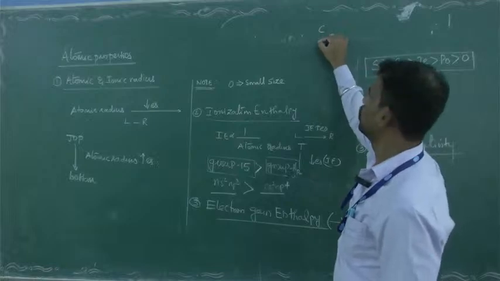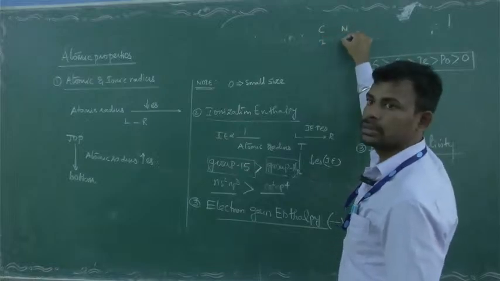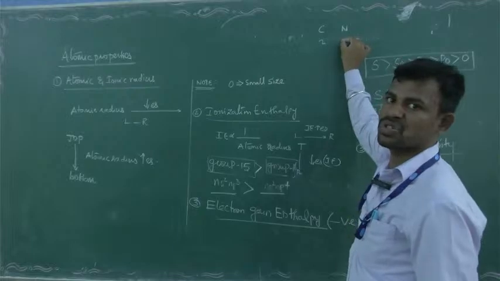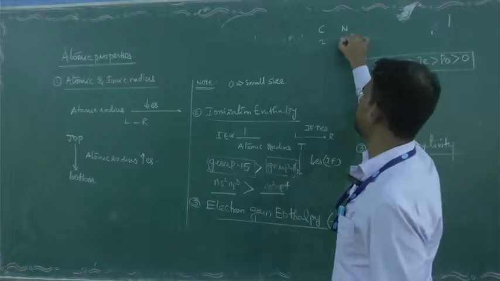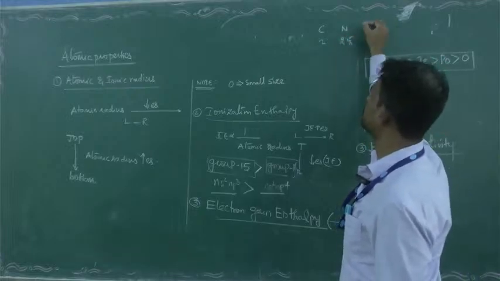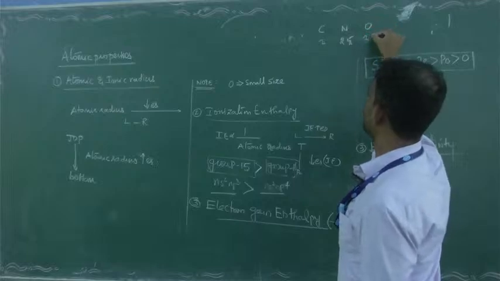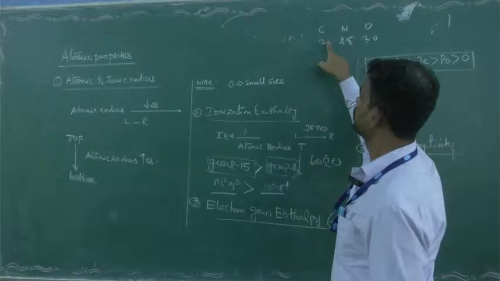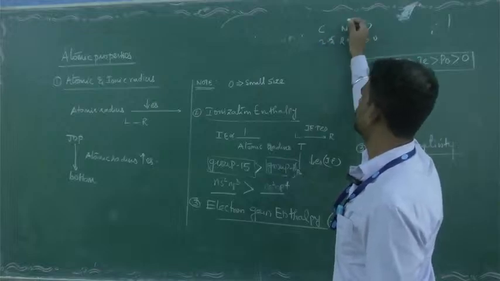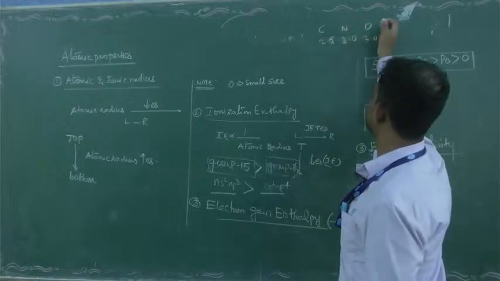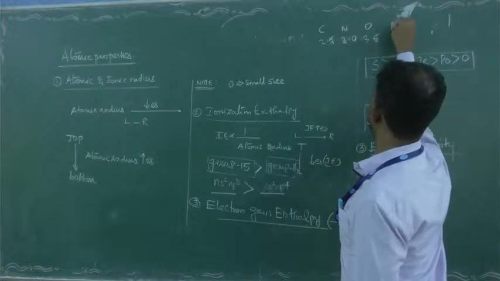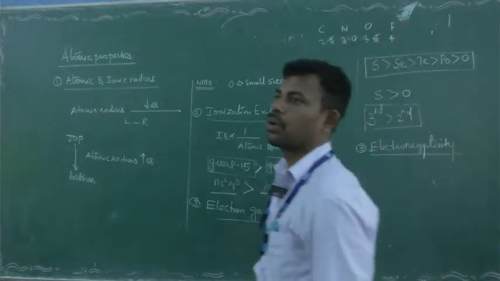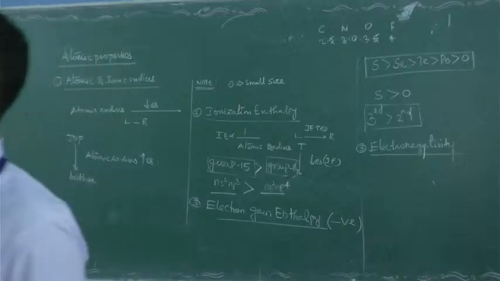Carbon 2.5, nitrogen 3, oxygen 3.5, fluorine 4. Is it clear? Yes or no?